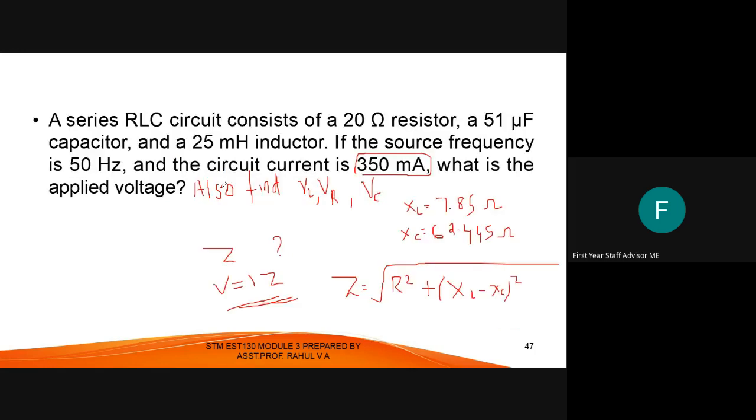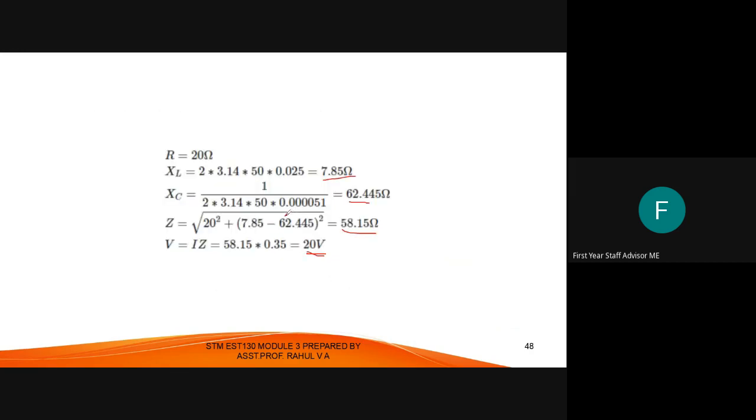Okay, now the second part of the question, we have to find VL, VR and VC. Which formula should I use for each? For finding VR, I should use I into R. The current is already given in the question, 350 milliampere, and the resistance value is also given, 20 ohm, so you can easily calculate that.